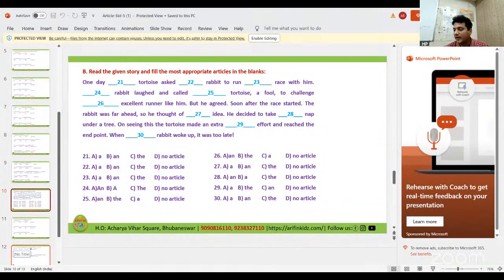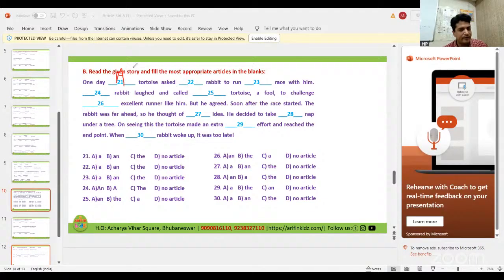Now, this is the entire passage. We have to fill in the blanks with appropriate articles. Let's see which articles we have. First, question number 21: One day a tortoise asked.